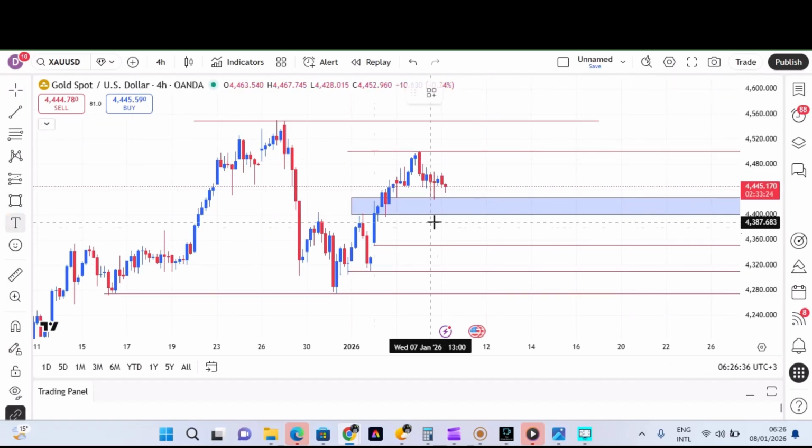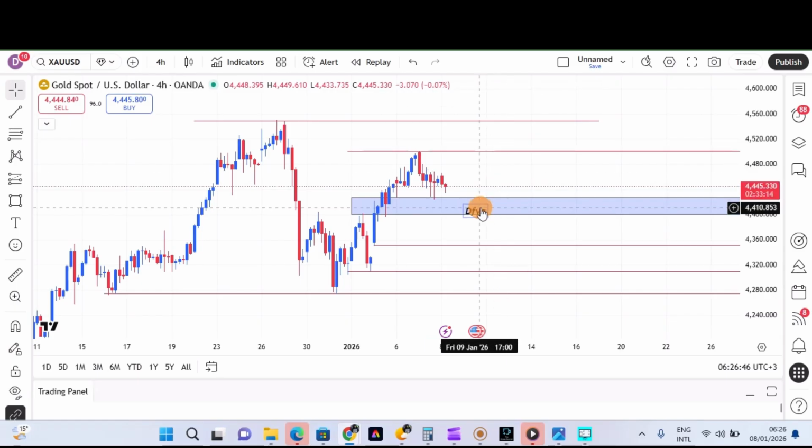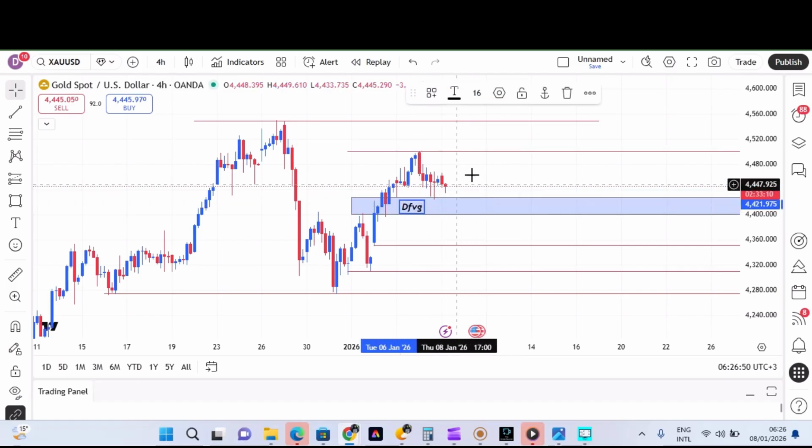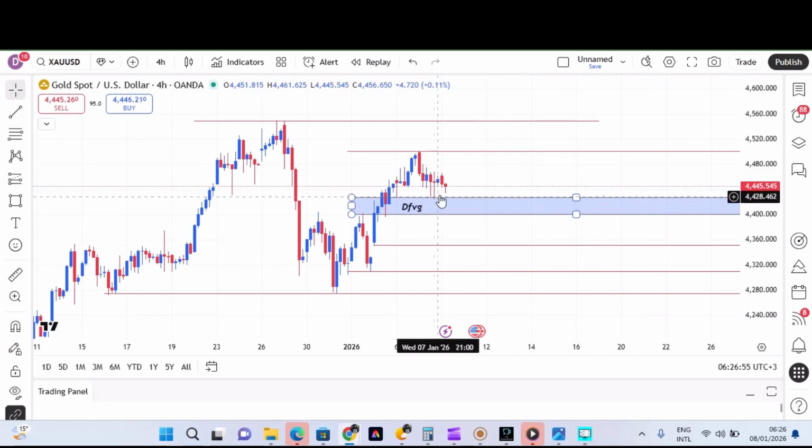Let me text this. This is the FVG. Okay, D. All right, so we have the daily fair value gap. If you look at what happened yesterday, the market respected this daily fair value gap twice.